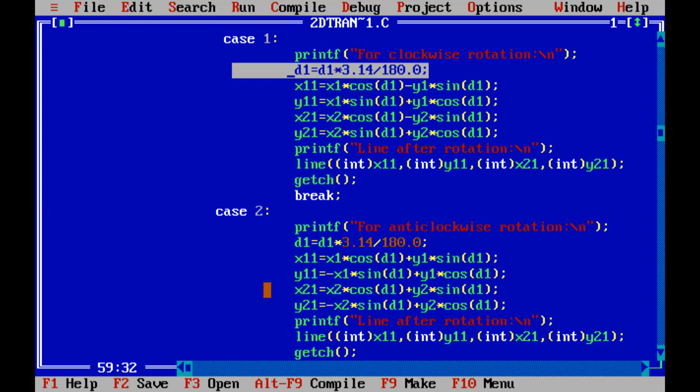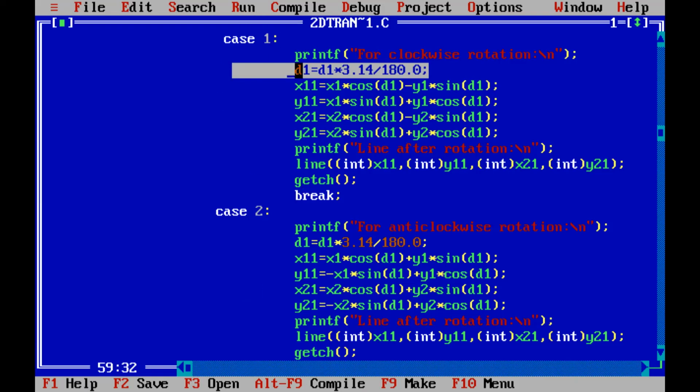So the user will provide the angle in degree, and that should be converted into radian using the formula, multiply by pi by 180.